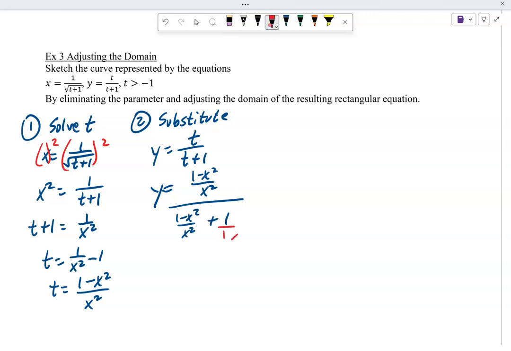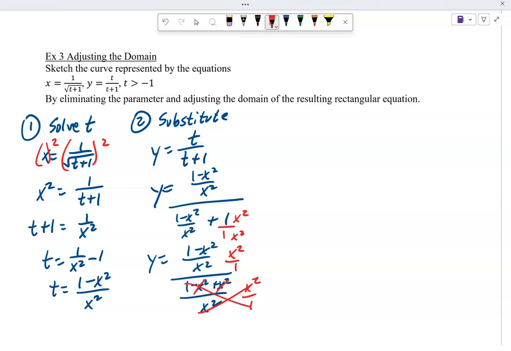Well, let's get a common denominator. So we got 1 minus x squared over x squared, over 1 minus x squared plus x squared all over x squared. Of course, those are gone. Then I'm going to multiply by x squared over 1 here. And notice these x squareds are gone, so I just am left with y equals 1 minus x squared.